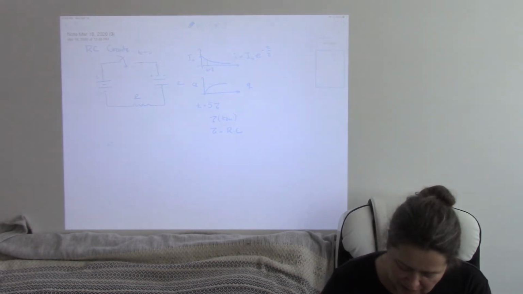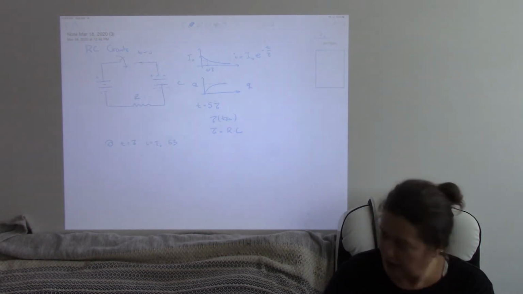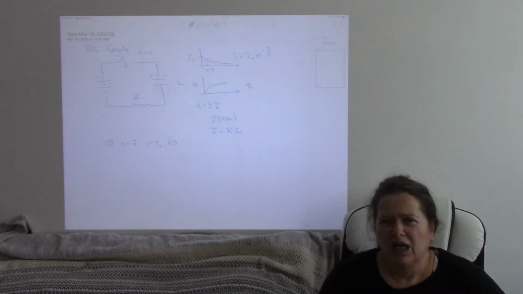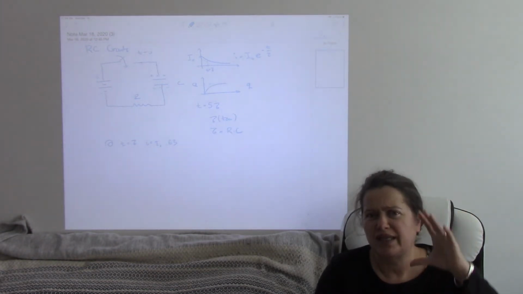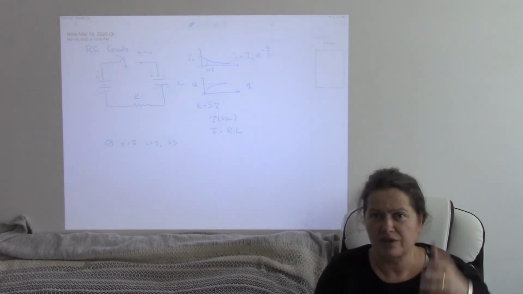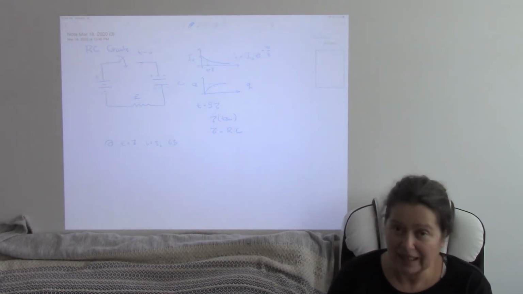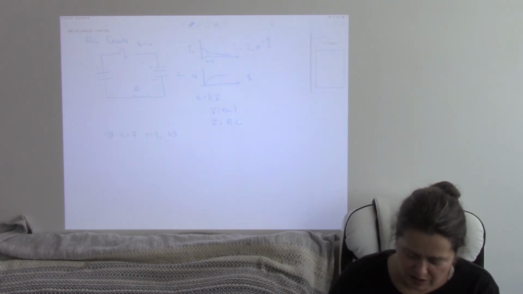So at time equals tau, the intensity is 0.63 of the initial value, meaning that 36% of the initial intensity was lost, decayed in value. Now the question is, how do we derive those values?